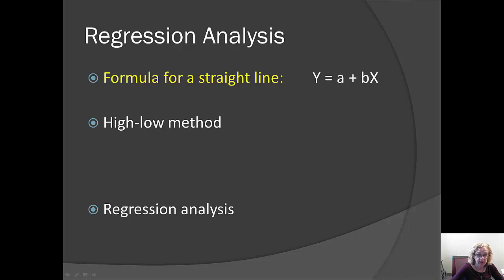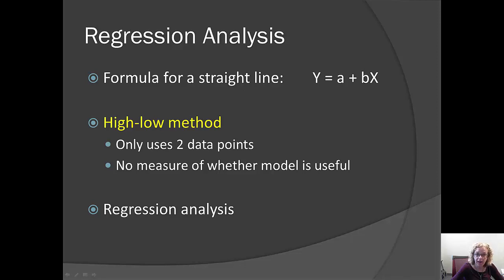We've already used the HighLow method to estimate that equation, but the HighLow method only uses two data points to define that line, the highest activity level and the lowest activity level. It does not use any of the points in between. Because of that, we really do not know whether the model is actually a useful predictor at all levels of activity.